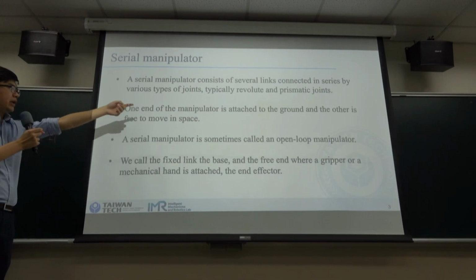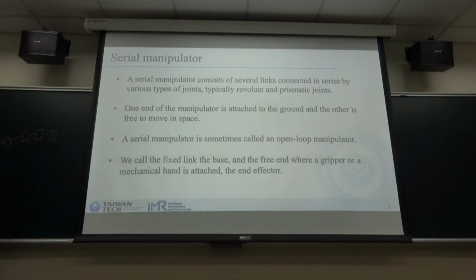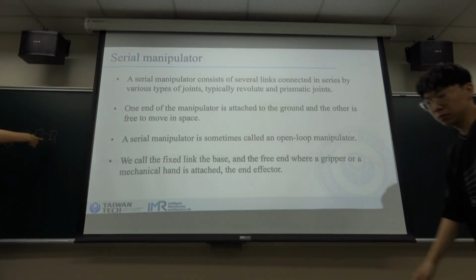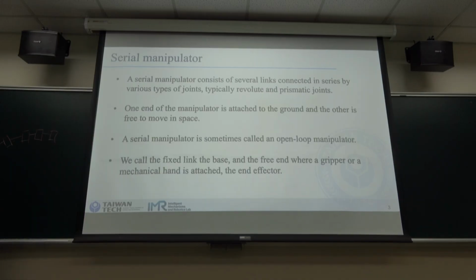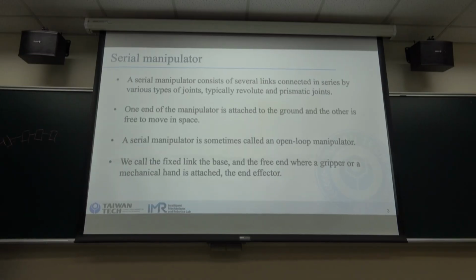One end of the manipulator is attached to the ground, and the other end is free. So we can also call this type of robot an open loop, or a serial manipulator, or serial robot.